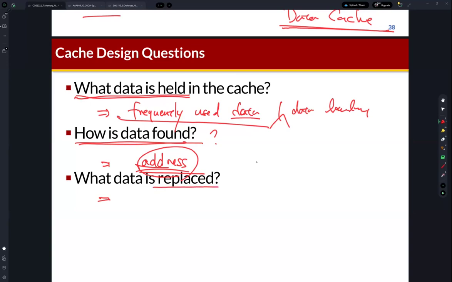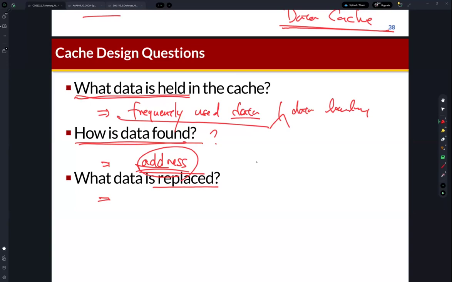So that represents the cache management scheme. We cannot store the entire data because the cache size is small. Which means if a cache is full, right?